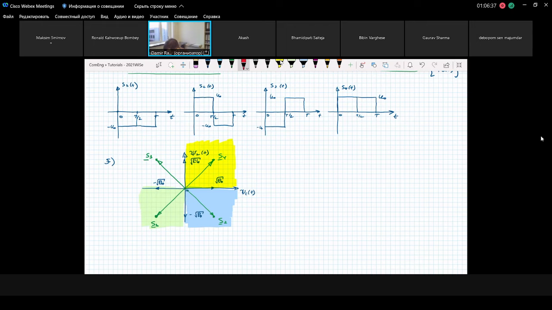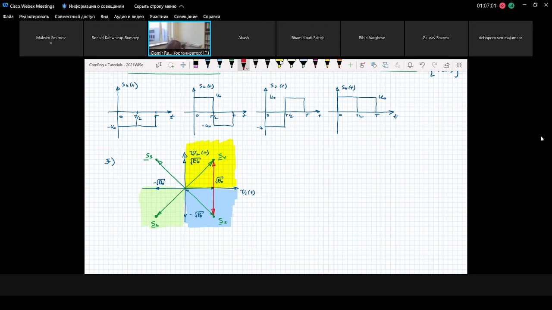And of course, you see that if we take points S3 and S4, this distance will be the minimum possible, because the distance between S1 and S4 will be larger than the distance between S3 and S4. So the minimum distance will be the following.